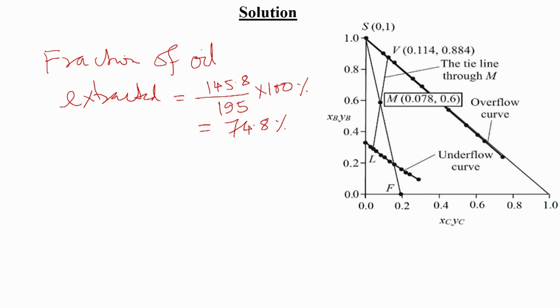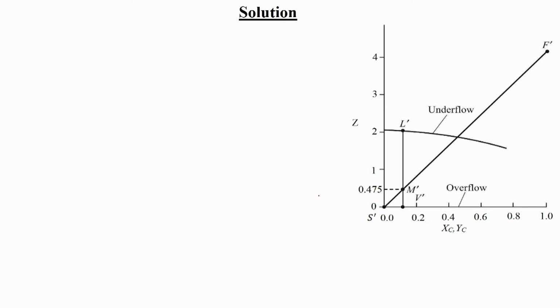There, 15,000 kg of hexane is used for the separation of oil from 1000 kg of feed or solid. Now we will discuss the Ponchon-Savarit diagram. I told you that this is the second way of solving the problem.